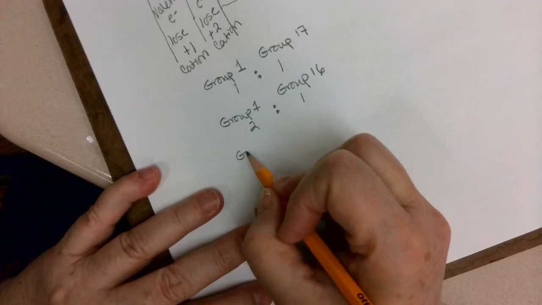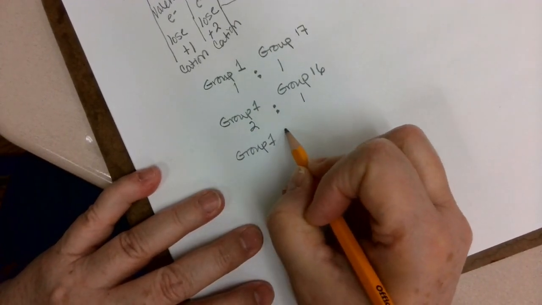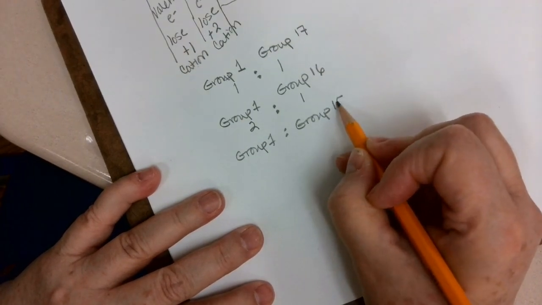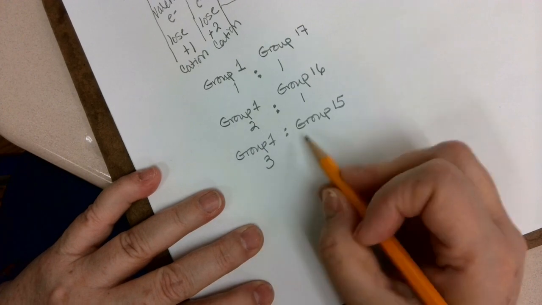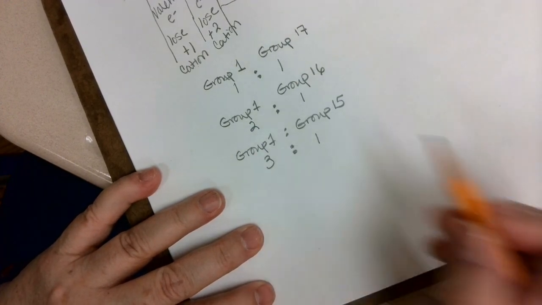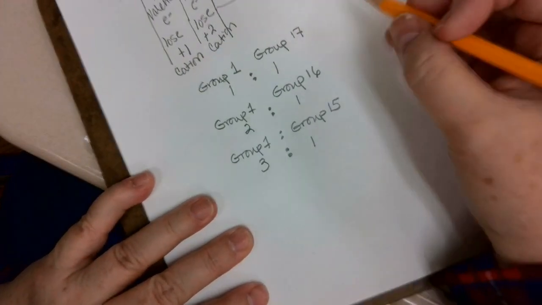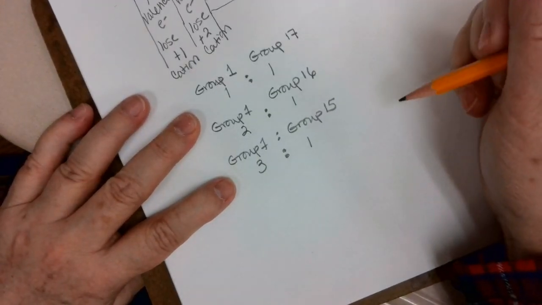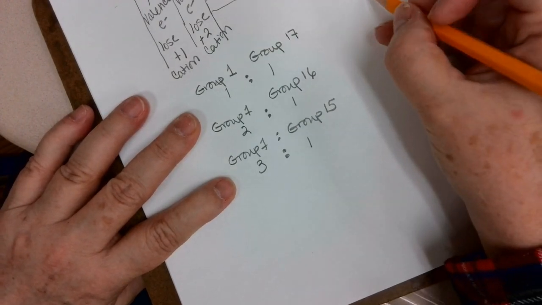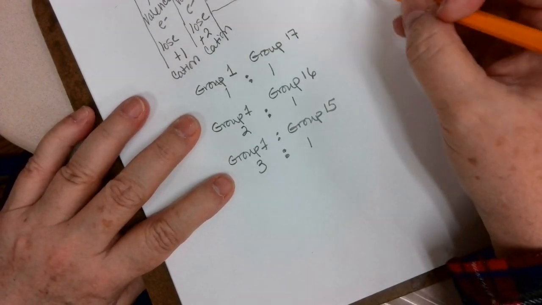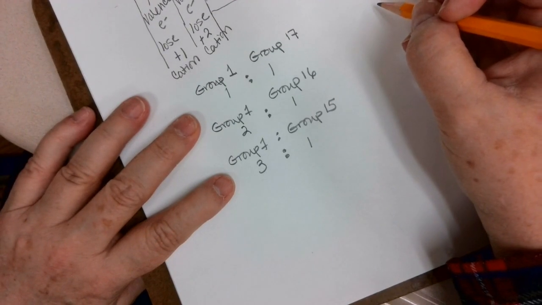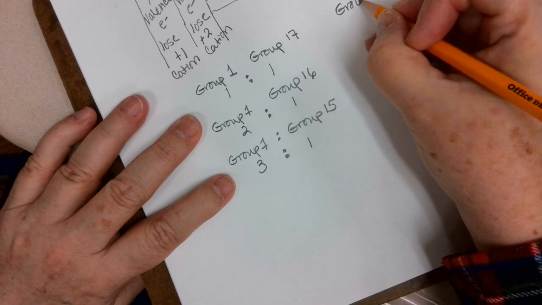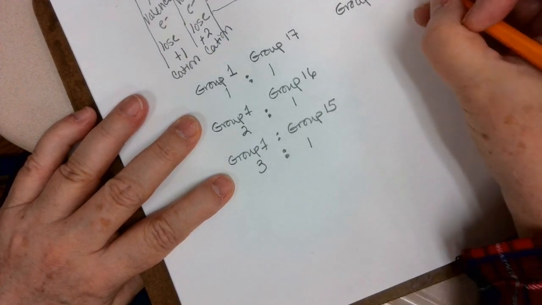And if you had a group 1 to a group 15, this one would be 3 to 1, like that. And if we go the opposite direction, let's go group 2 to group 17.